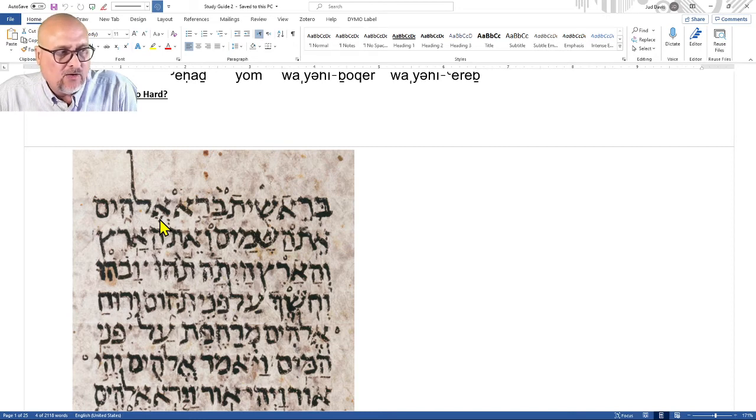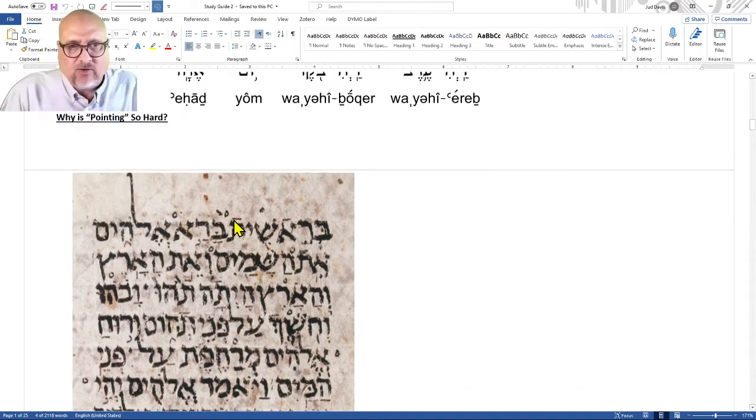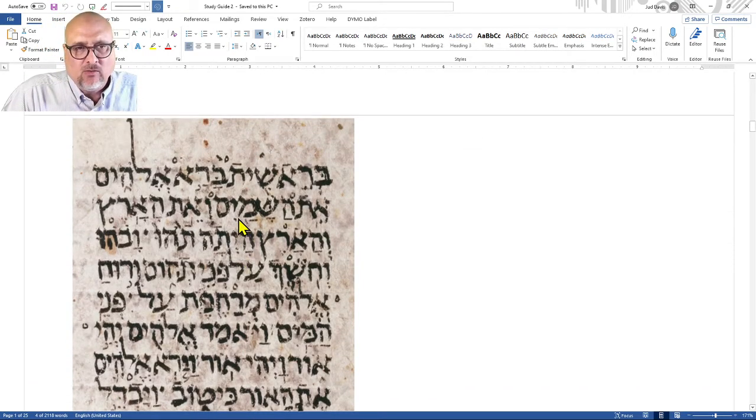It's in the Hermitage, which is Russia's version of the Louvre Museum. And every printed Hebrew Bible that we have is just a faithful reproduction of this one manuscript.